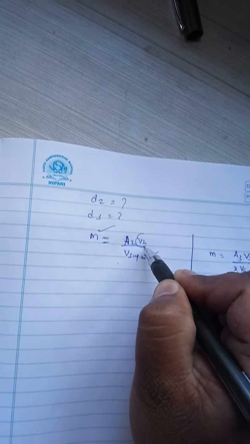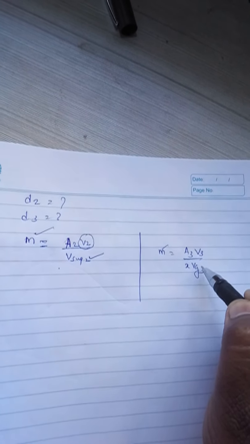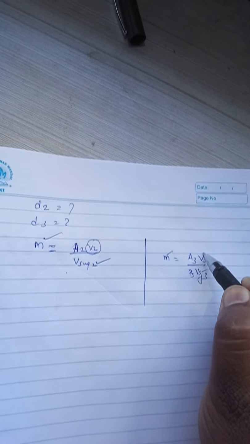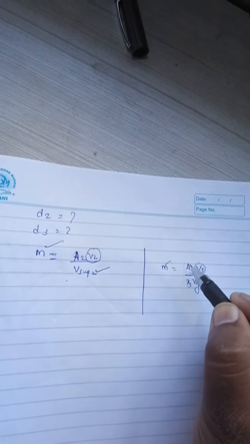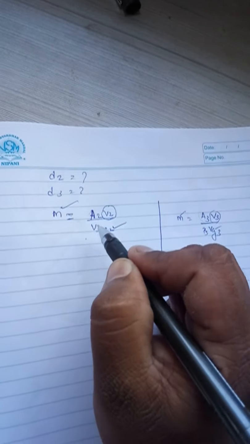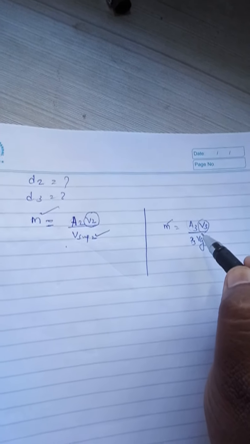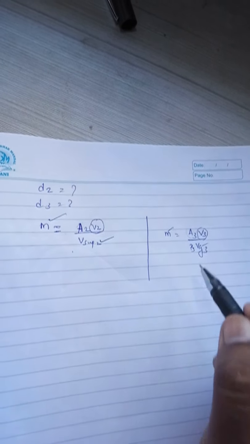I need to find out V2. In this also I have the M value, X3 value and Vg3 value, and I need to find out V3. If I substitute V3 in these two, the remaining unknown is A3 and the remaining unknown here is A2. From that you know that A2 is equal to pi by 4 D2 square and A3 is equal to pi by 4 D3 square. So find out D3 from this and D2.